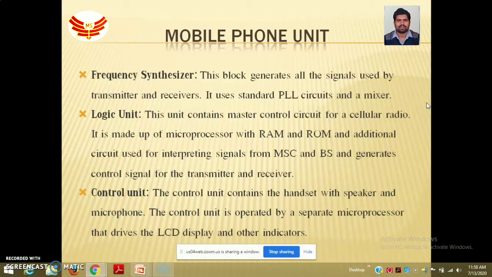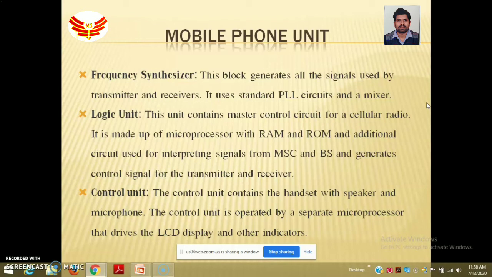Okay, the next important blocks are the logic unit and control unit. The control unit and logic unit together operate on a control signal received from the MTSO section. The logic unit produces the required control signals to coordinate the operation of the transmitter, receiver and frequency synthesizer. The control unit contains the handset with a speaker and microphone.